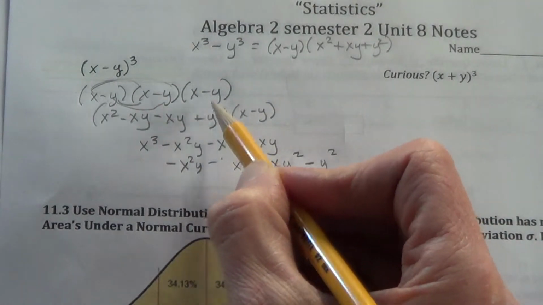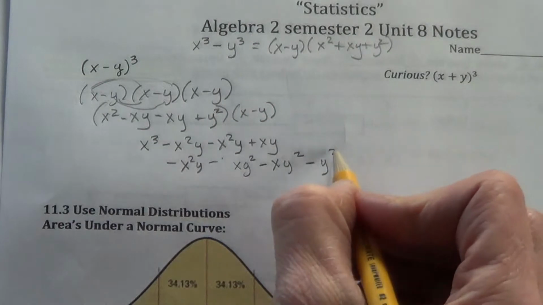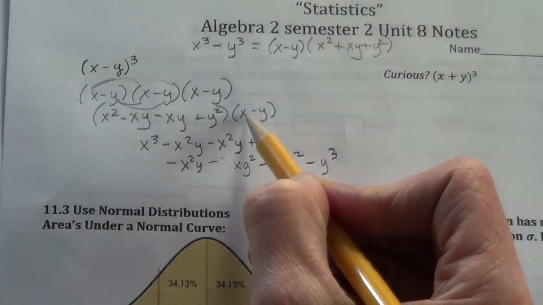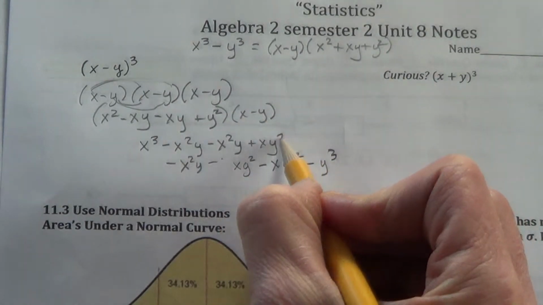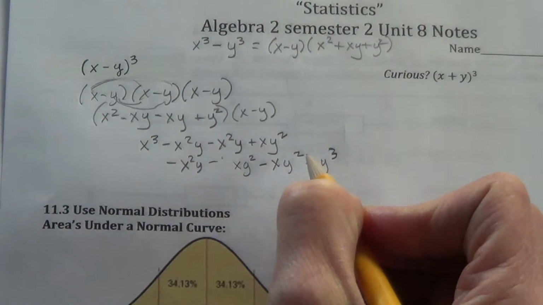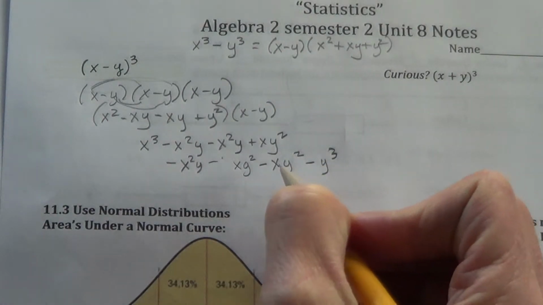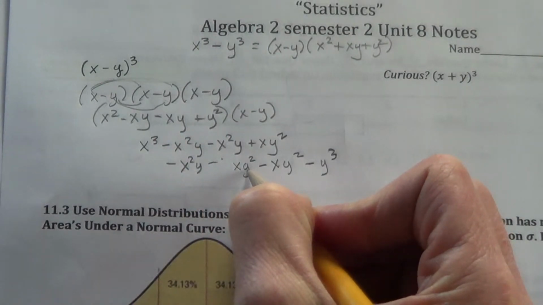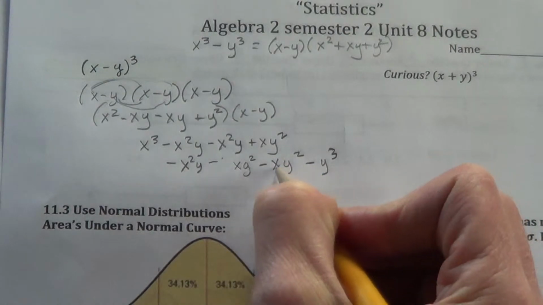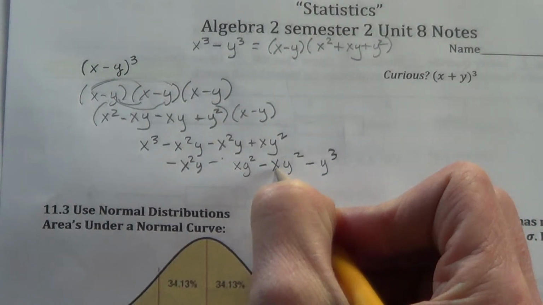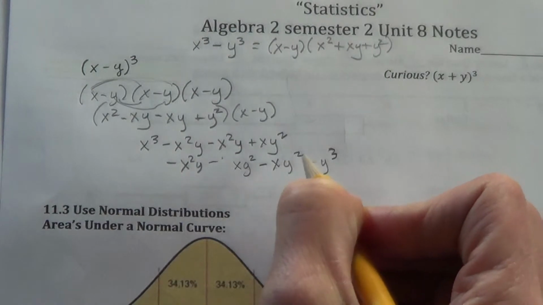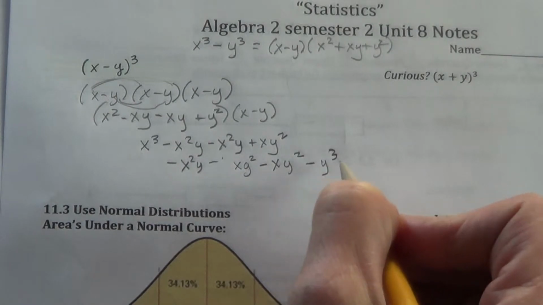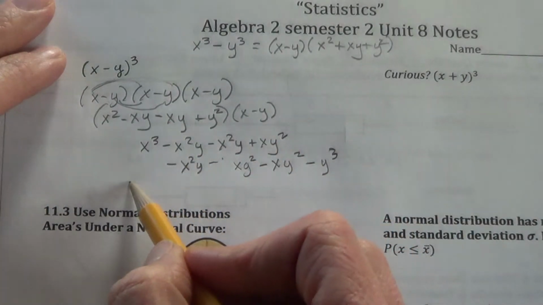This should have been a y squared when we multiplied y times y. So that would make that a y cubed. And it would also cause this one to be xy squared. Okay. So let's make sure that we have them right now. Negative x squared y, and then a negative xy squared, a negative xy squared, and a negative y cubed. Okay, this looks a little bit better.